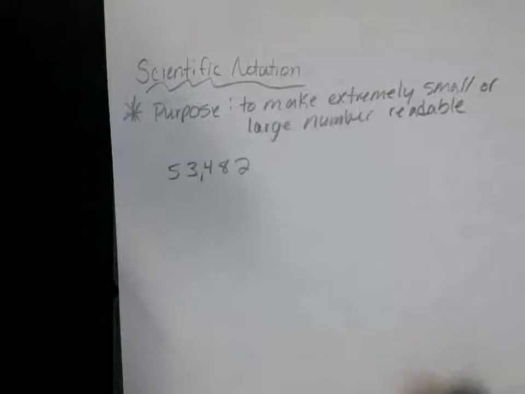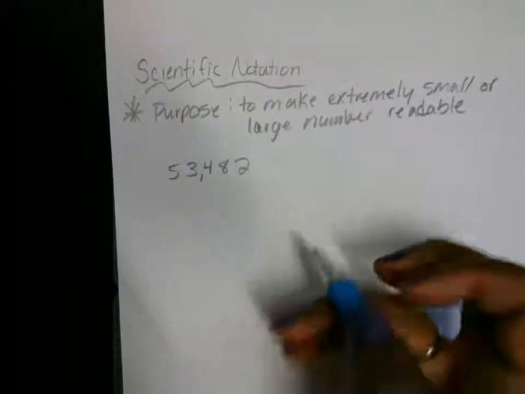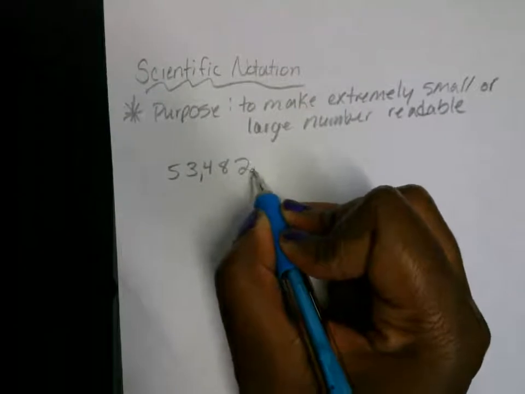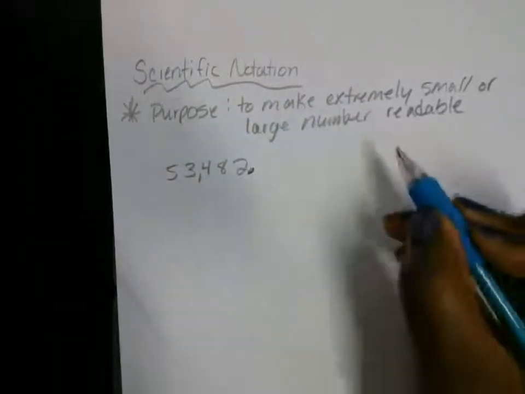And remember, a comma is not the same as a decimal. Commas help us read numbers better, but it's not a decimal. So if you don't see a decimal in the number, the decimal is automatically behind the last number. Okay, so your first step is to locate the decimal.